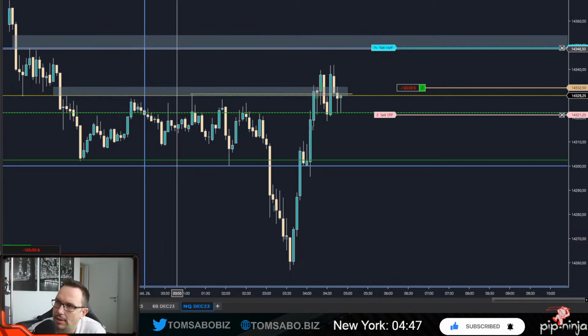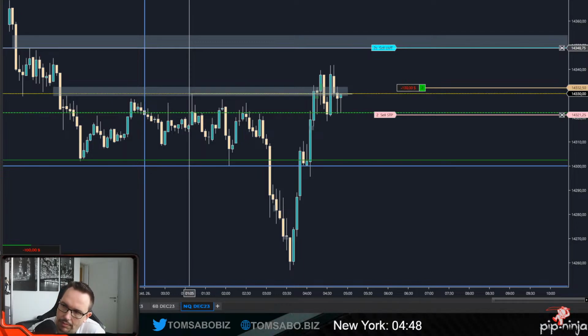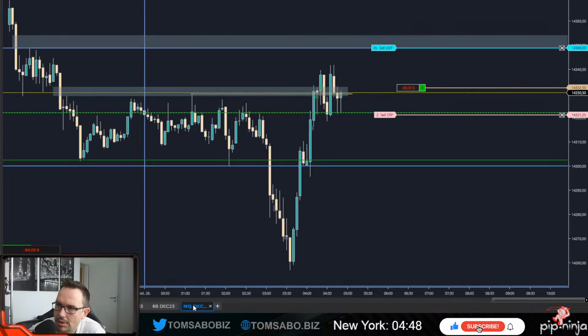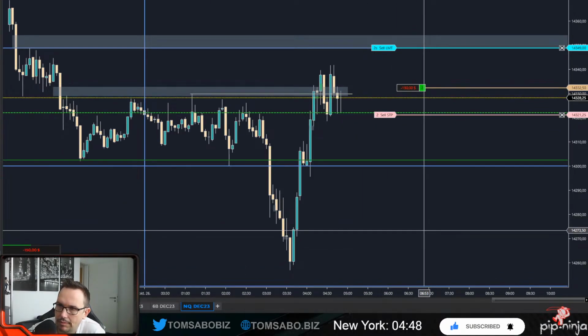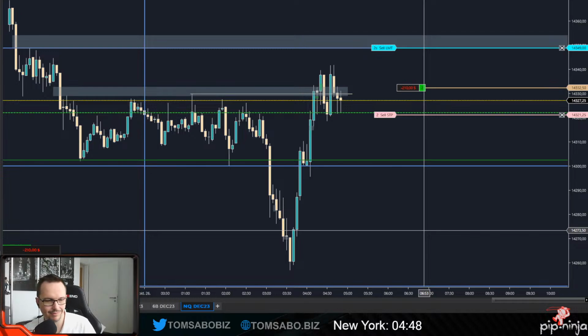This is the 15-minute level as well. The 49. 15-minute level. Gold is climbing slowly. No, I don't like what NQ is doing.